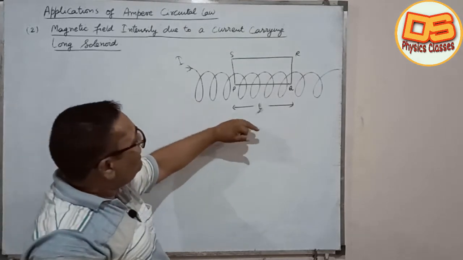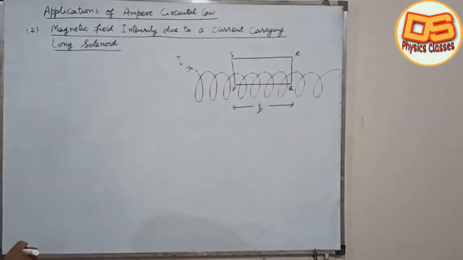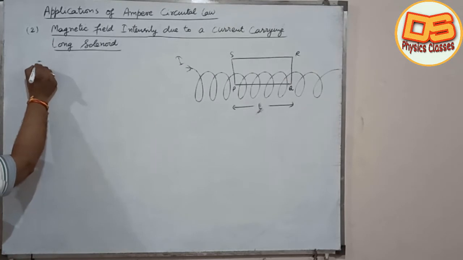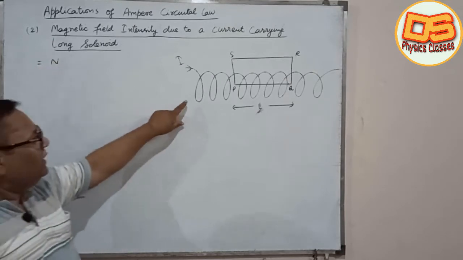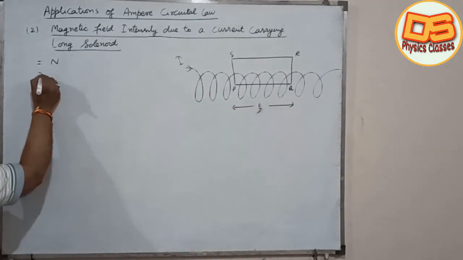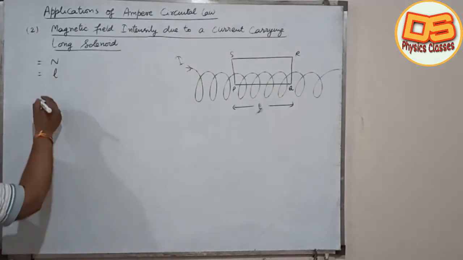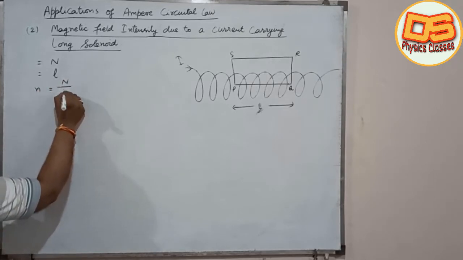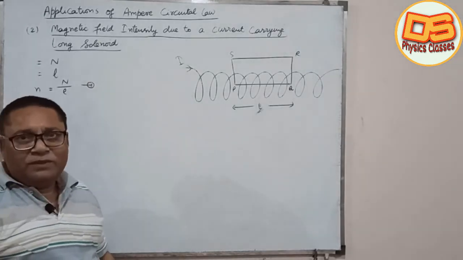And we apply Ampere's circuital law for this loop. Let there be a solenoid having the total number of turns n, means the total turns in the solenoid is n, and L the length of the solenoid. Then the number of turns per unit length is n upon L. This is equation 1. Clear?